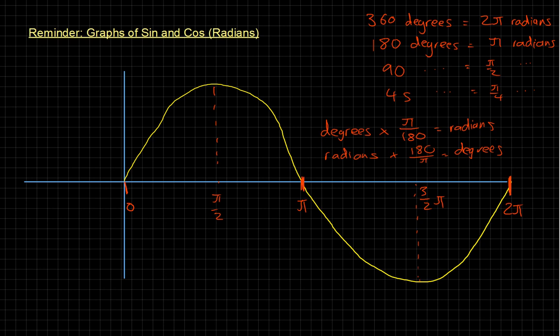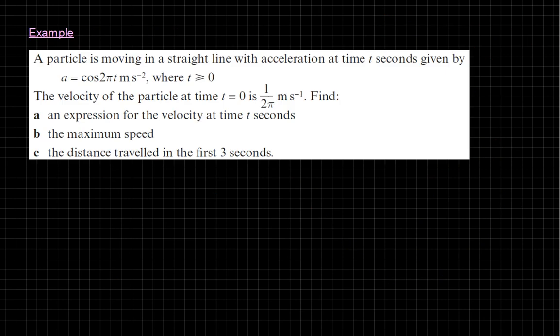All right, so are we done with reminders? Yes, we are. So let's actually get into an example question, and then you can do some of your own. So here we've got a particle moving in a straight line. You're given the acceleration, and it's given to you by this formula. Let's make a note.